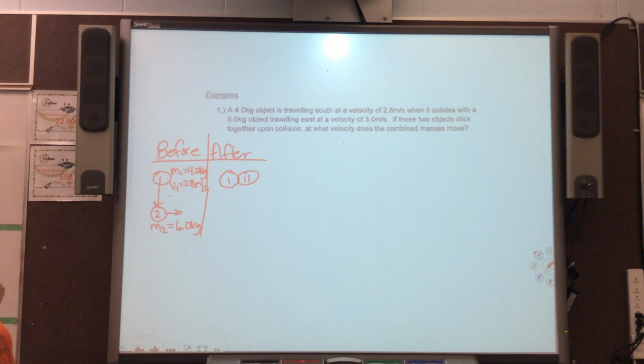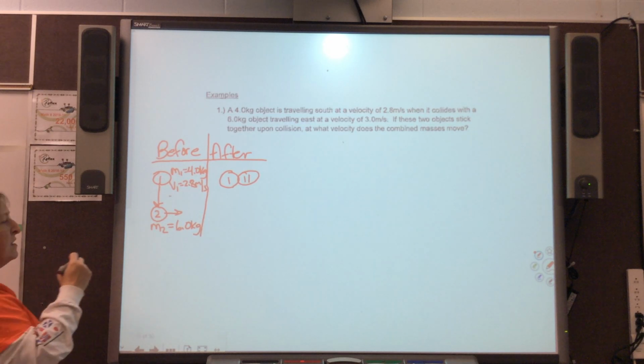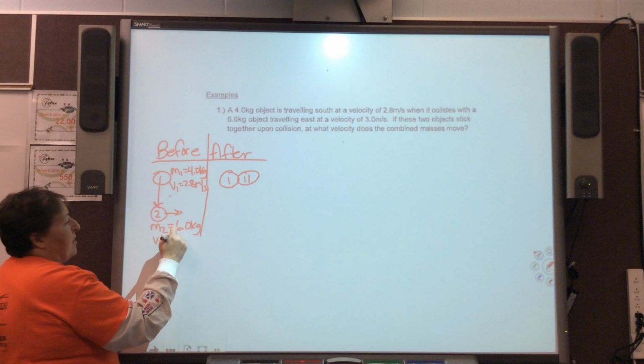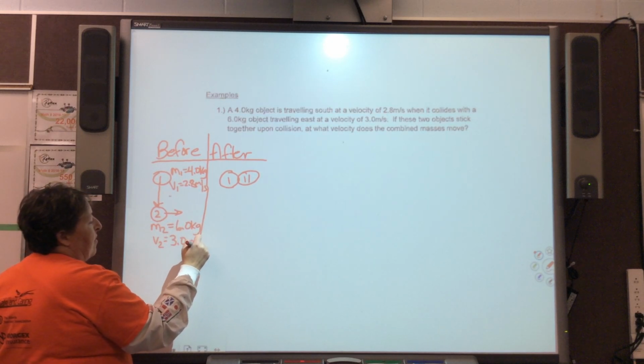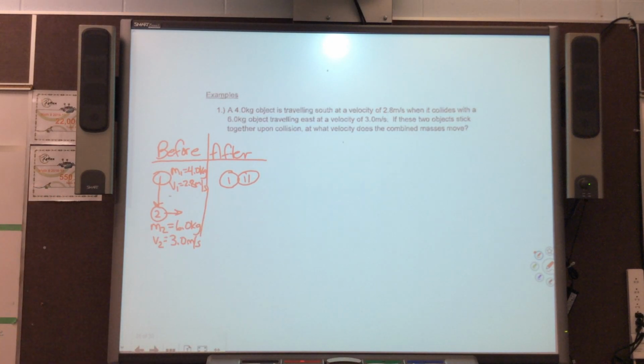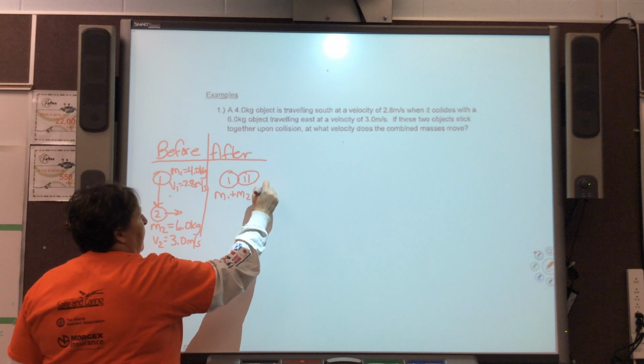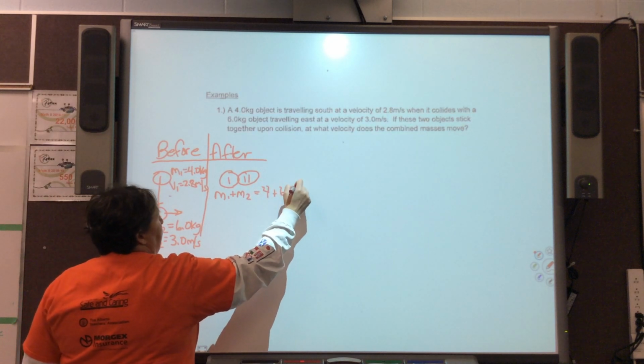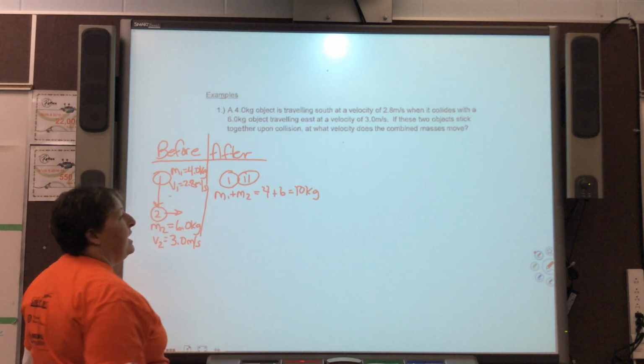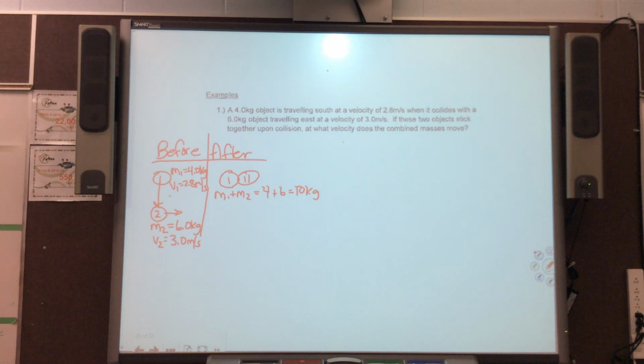Another piece of information, Chris? The velocity of the second one's 3 meters per second. Another piece of information, Reese. This one you kind of have to think through. We're not given that information, but we know that information.